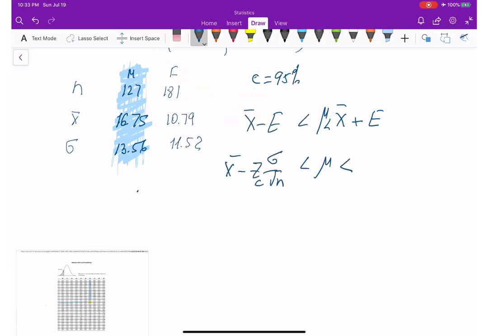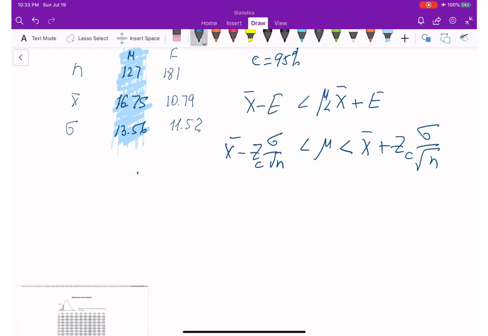And less than x bar plus z critical sigma over square root of n. Okay.